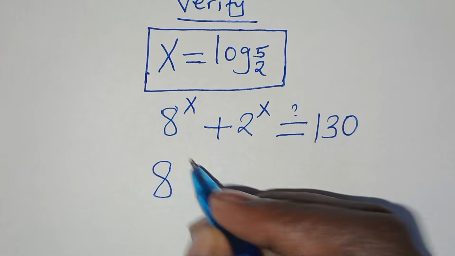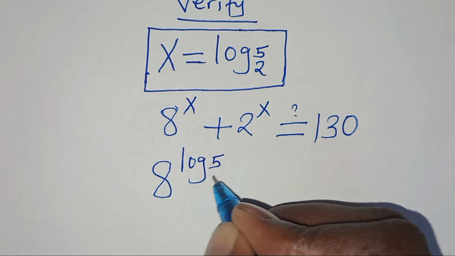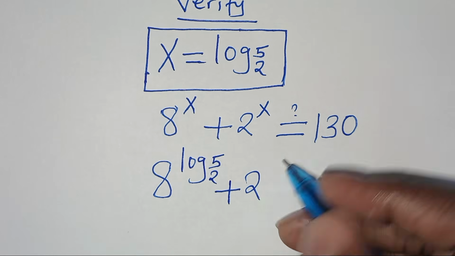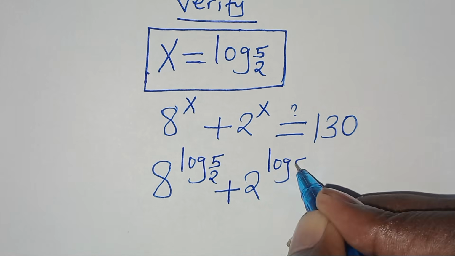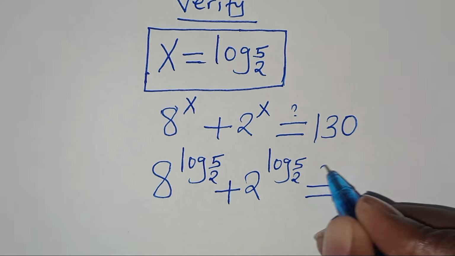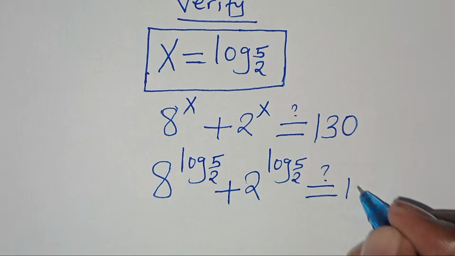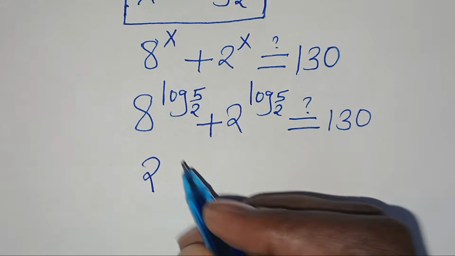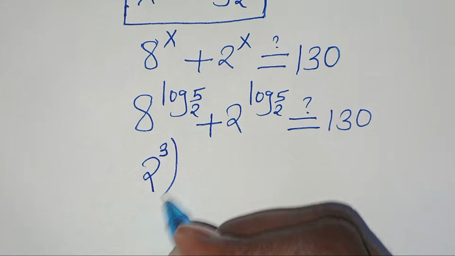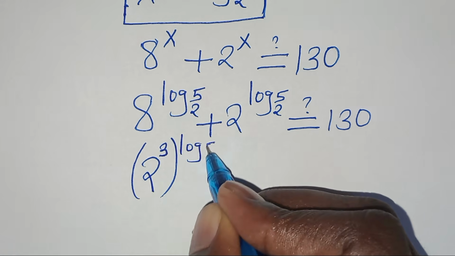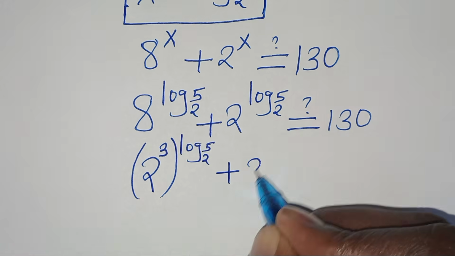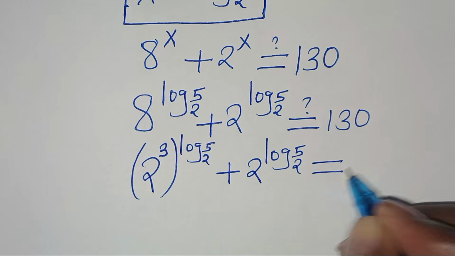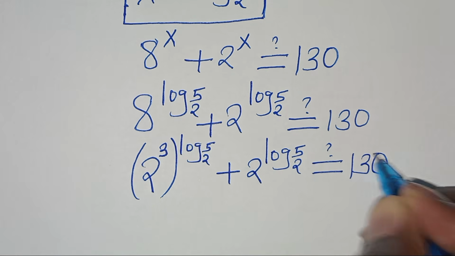So this is 8 raised to the power of log 5 to base 2, then plus 2 raised to the power of log 5 to base 2. We can express 8 as 2 raised to the power of 3 multiplying by log 5 to base 2, then plus 2 raised to the power of log 5 to base 2. This should give us a value of 130.